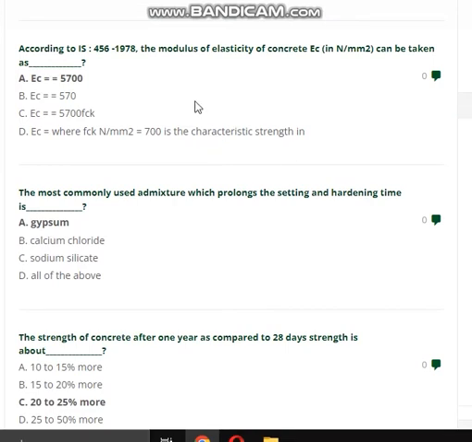According to IS 456-1978, the modulus of elasticity of concrete EC in Newton per mm square can be taken as EC is equal to 5700 root FCK.